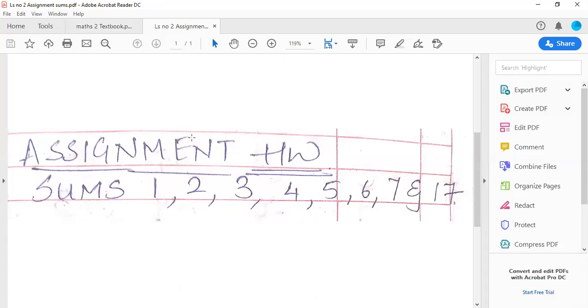So as an assignment, homework, you all can practice miscellaneous exercise sum numbers 1, 2, 3, 4, 5, 6, 7 and the 17th sum, in order to see whether you are able to follow the concept or not.